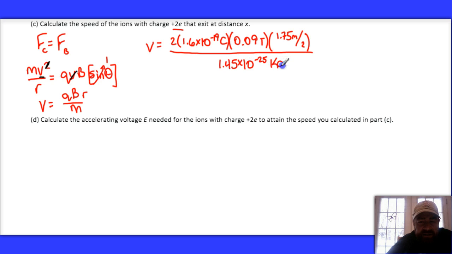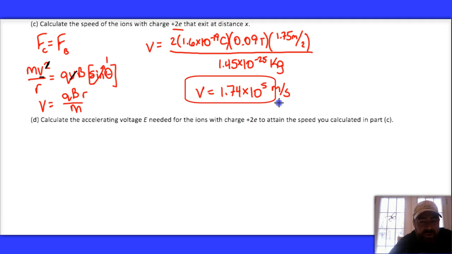Again, that's given to me in the problem. And I get 1.74 times 10 to the 5th meters per second. And that's my solution for this part C of the problem.